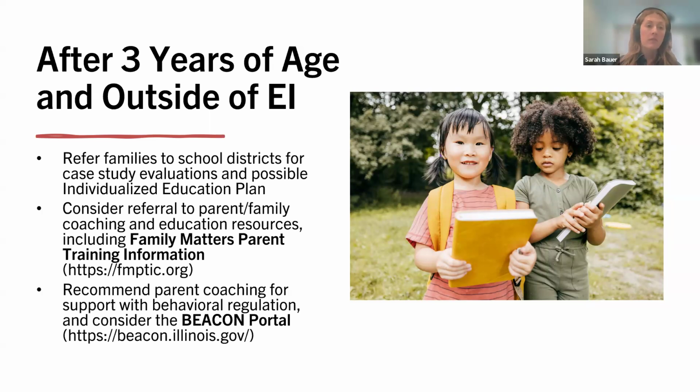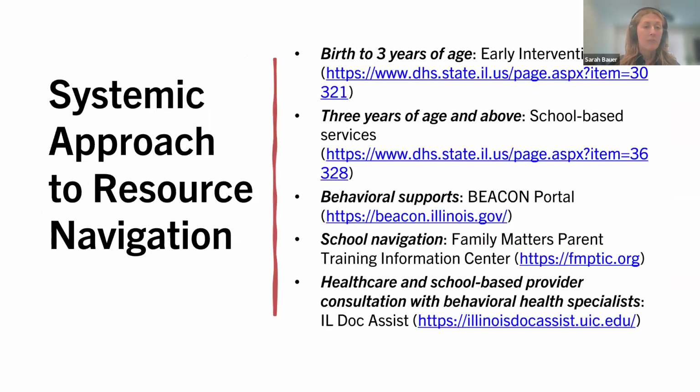There are resources to support families in terms of accessing these resources. Within the state of Illinois, Family Matters Parent Training Information is one that can help with school district and navigating those things. For parent coaching and support with behavioral regulation, the Beacon portal is a centralized resource in the state of Illinois that can be helpful and something that I encourage families to register for. If there are folks from that here, I would love to hear about your perspective. So when we're thinking about it, I think about what are the systems that we have?